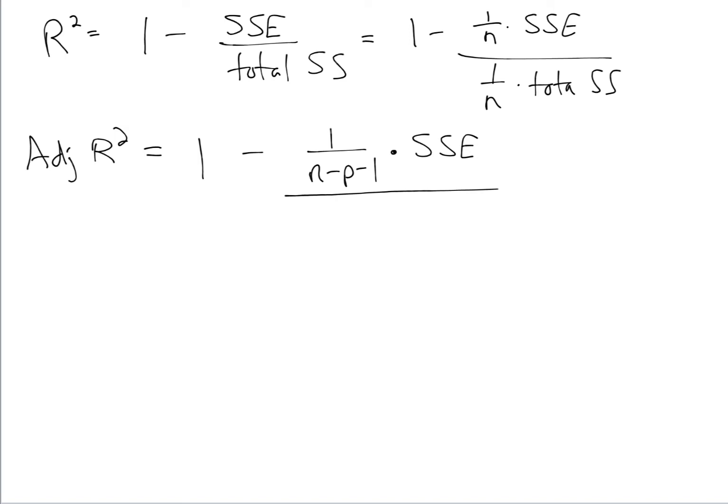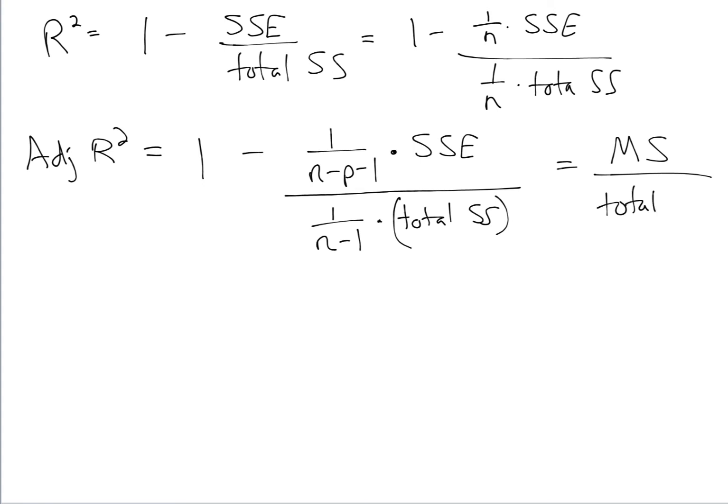And in the bottom, instead of multiplying by 1 over n, with that sample variance intuition, we multiply by 1 over n minus 1. And we notice that in the numerator, we now have that mean square error. And in the bottom, we have what we call the total mean square error.